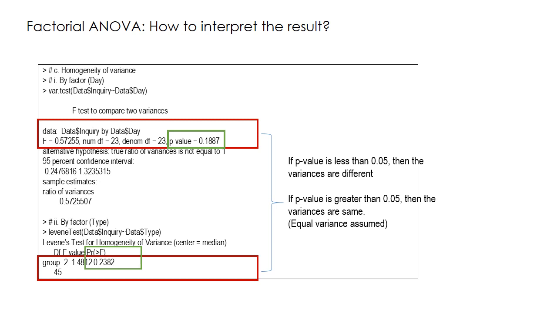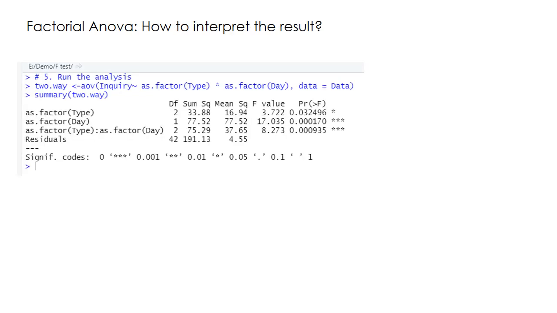For day I have only 2 variances, for Monday and Friday, but for type I have 3 different programs: business, news and sports. So you have to be careful. So how do you interpret the results from the Factorial ANOVA?